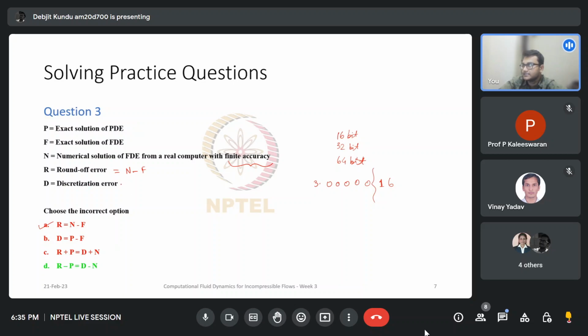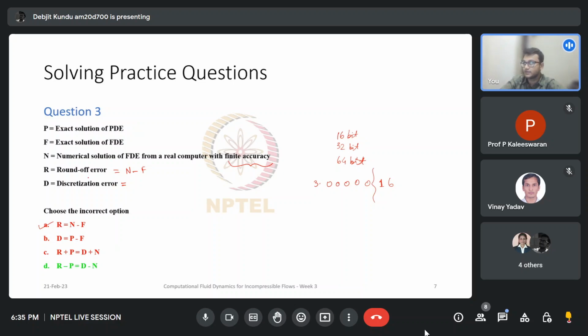D is the discretization error, or another name for this is truncation error. This is the error which comes as a result of, as we saw, while discretizing, we leave out some higher order terms and deal with only a few lower order terms, which are of higher magnitude.